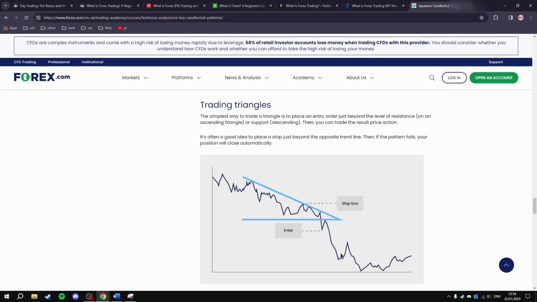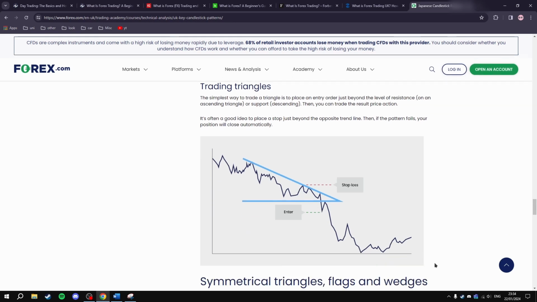So you sell here and then you buy, I'm assuming somewhere over here, to make a profit. It is often a good idea to place a stop loss in case the trend fails. So if you place a stop loss here on this level, if it goes back up, like shoots up again, then the trade closes automatically and you won't lose that much money.